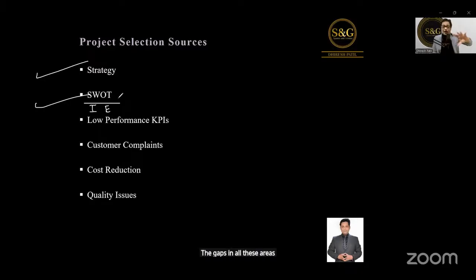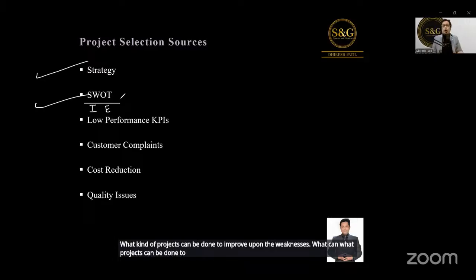What kind of projects can we do to improve the strengths? What kind of projects can be done to improve upon the weaknesses? What projects can be done to capitalize on the opportunities as well as take care of the threats? So SWOT is a very good source for us to identify the projects.